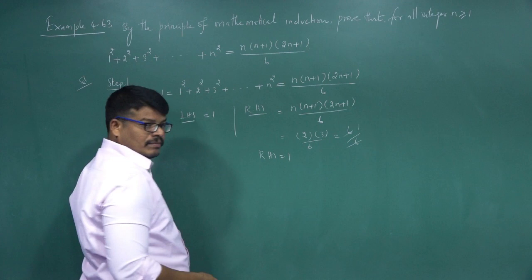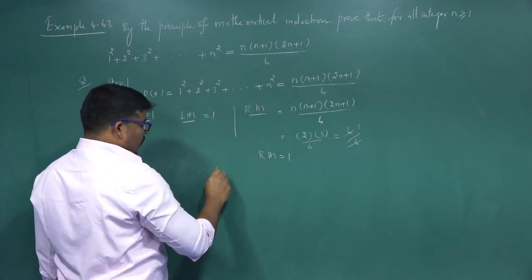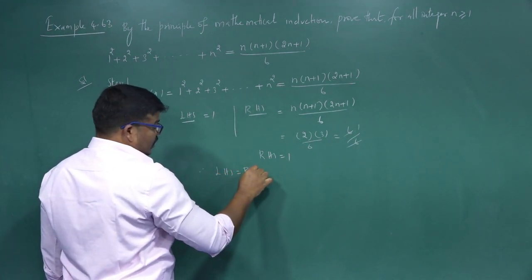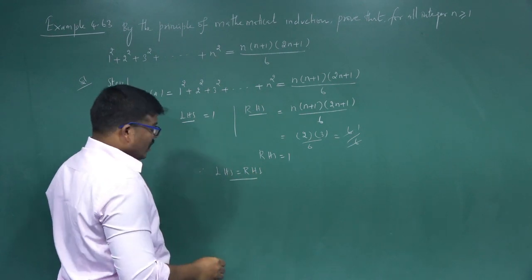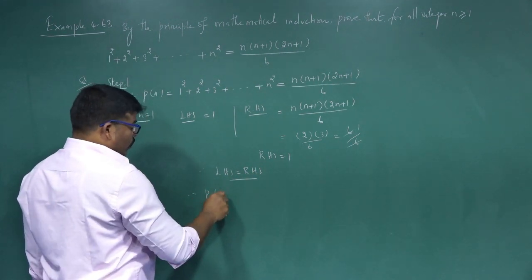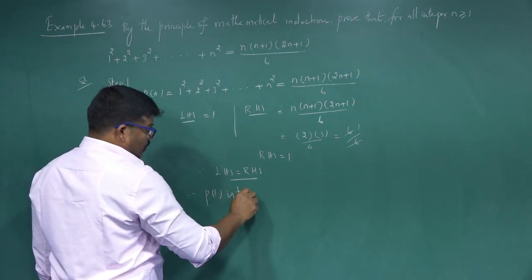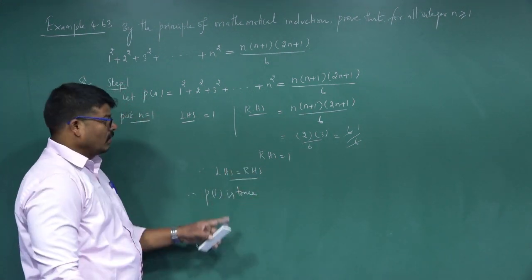RHS equal to 1. So therefore LHS equal to RHS. Therefore P of 1 is true.